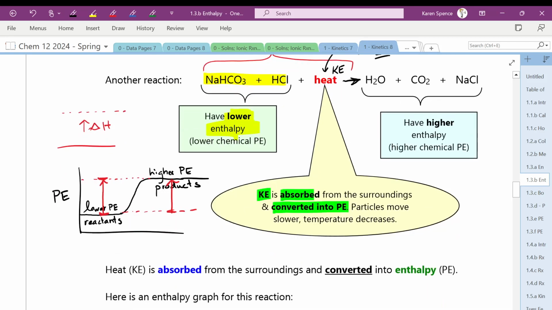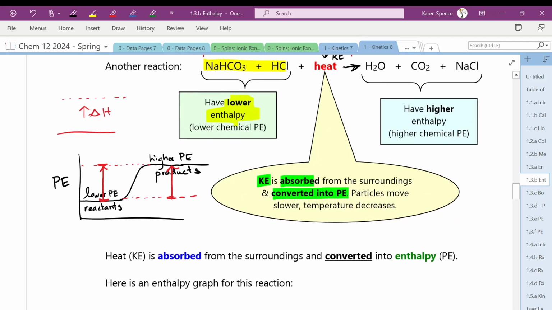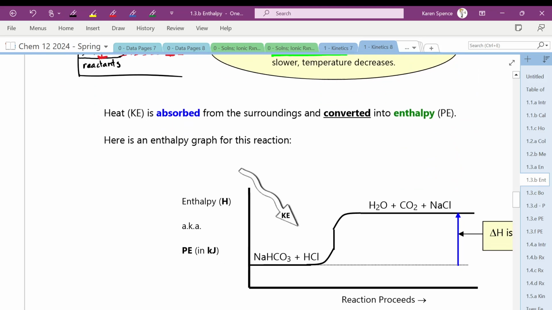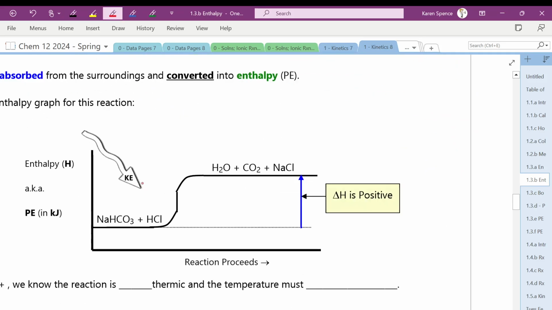So heat is absorbed from the surroundings and converted into enthalpy. Oh, I should label that delta H. Okay. Here is an enthalpy graph for this reaction. Here comes our kinetic energy. The heat enters the system.